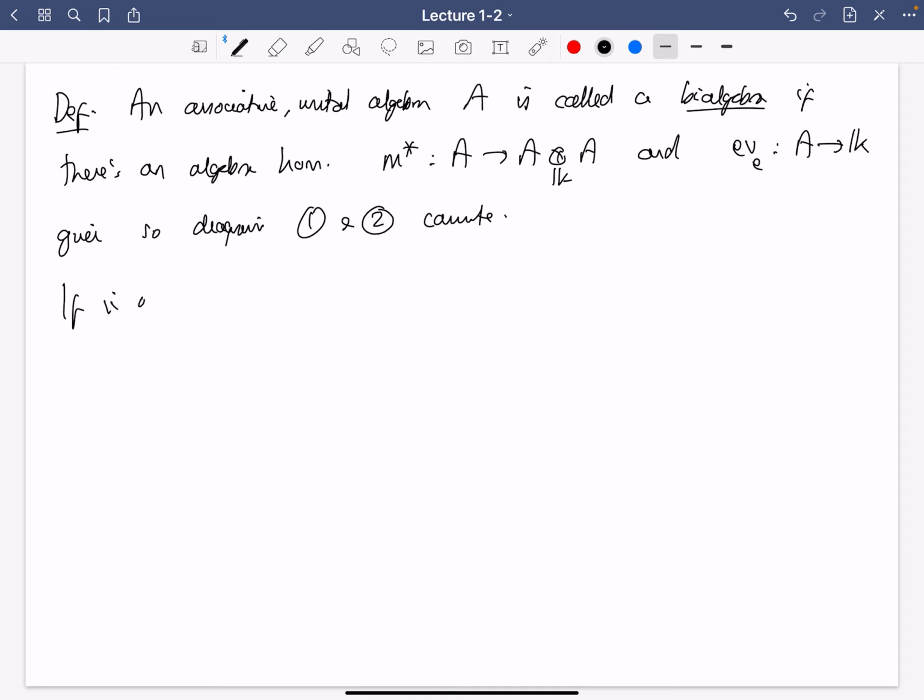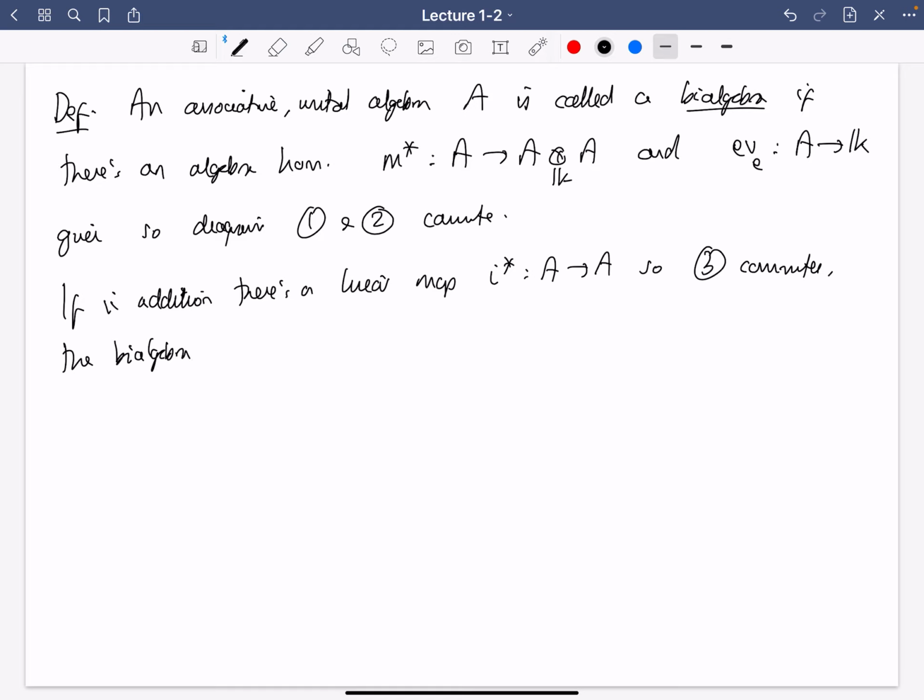If in addition there's a linear map I star from A to A, so that 3 commutes, the bi-algebra is called actually a Hopf algebra.